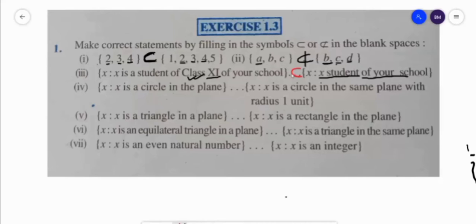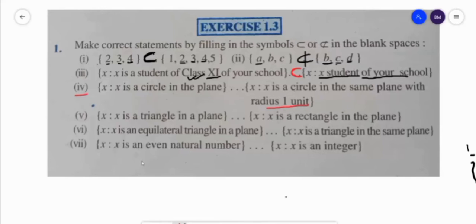Next, number 4. It is given X is a circle in a plane, and the next set is X is a circle in the same plane with radius 1 unit.